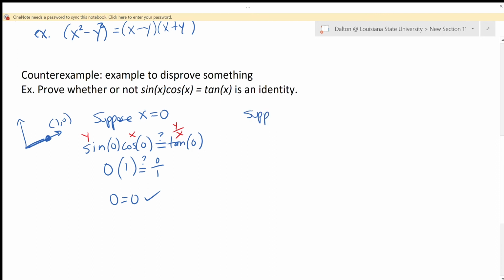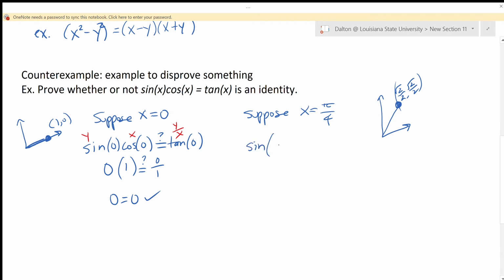So now I want you to suppose, what if x equals pi over 4? So on the unit circle, pi over 4 is at this point right here. What is the coordinate point at that point? Fabulous. So that's what I'm going to use for x and y. We're going to substitute in those numbers for x.